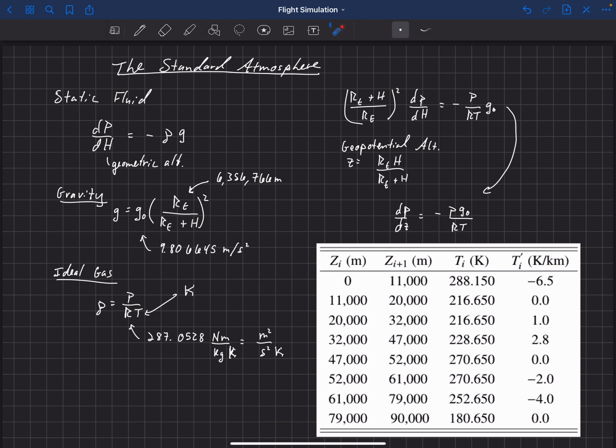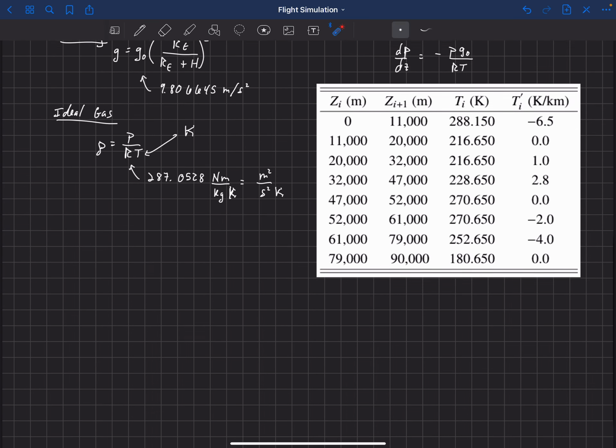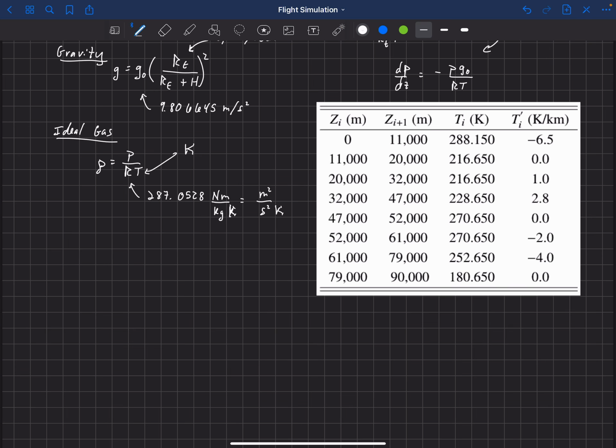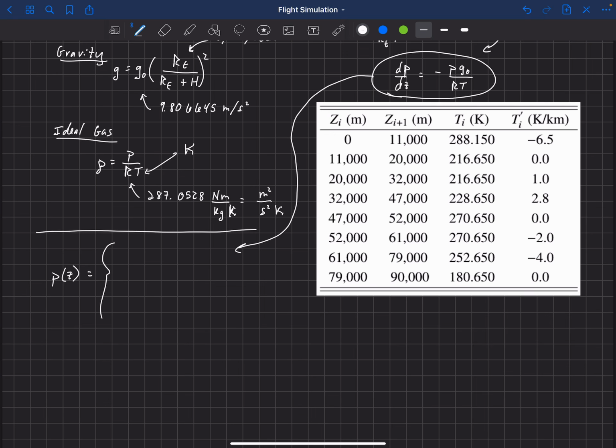So actually, at this point, we have everything we need to solve this equation. And so we can now solve this equation, and I'll just scroll down here. So what we're going to do is take that equation and integrate it, assuming that temperature is either constant or has a linear gradient, okay? And so what we'll get then is that the pressure at any z altitude, geopotential altitude, is equal to, and we're going to actually get two different solutions here.